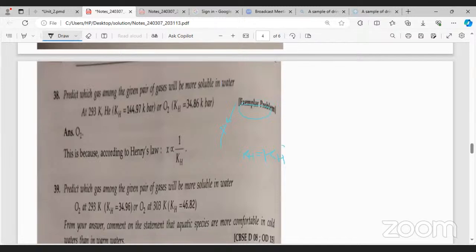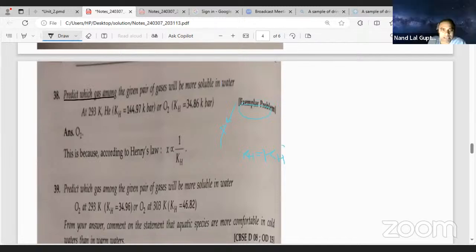See what is here. Predict which gas among the given pair of gases will be more soluble in water. The KH values they have given are 144 and 34. Let me know which one will be more soluble, O2 or He?